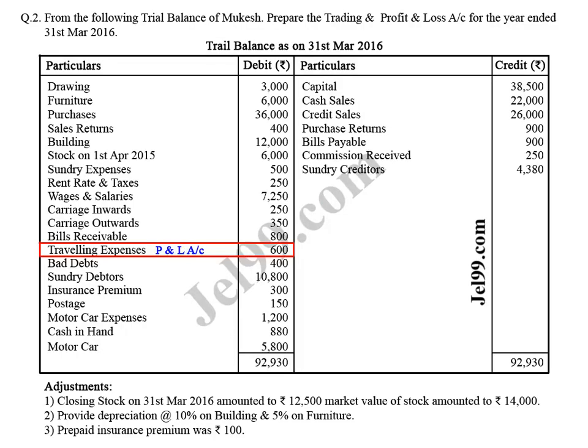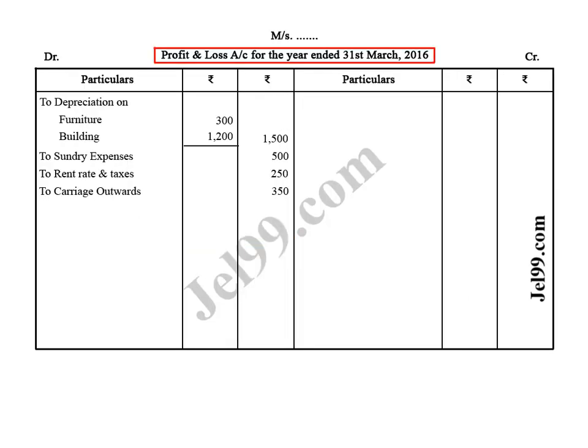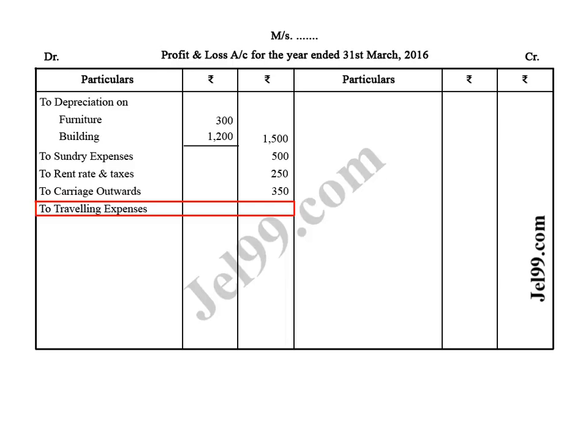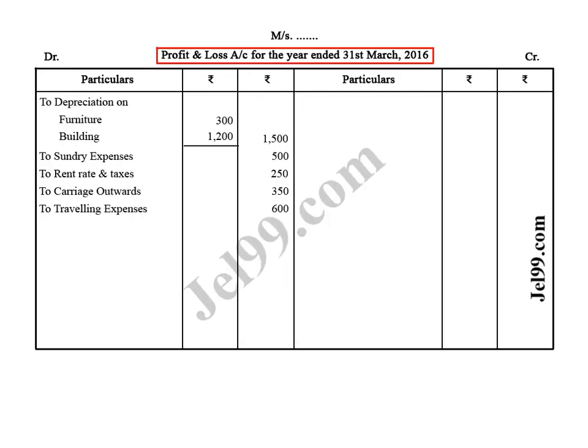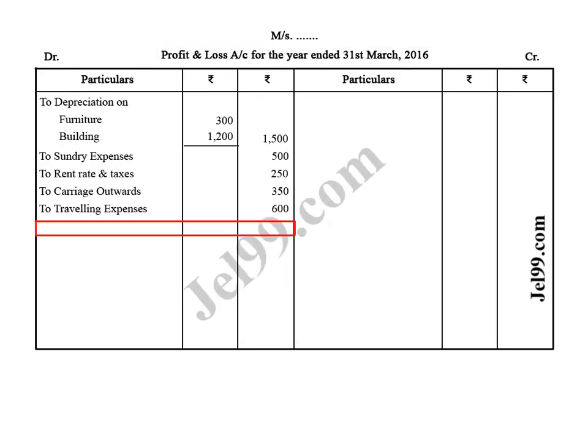traveling expenses of rupees 600. This is shown in profit and loss account, debit side, to traveling expenses of rupees 600. Then bad debts of rupees 400, this is shown in profit and loss account, debit side, to bad debts of rupees 400.